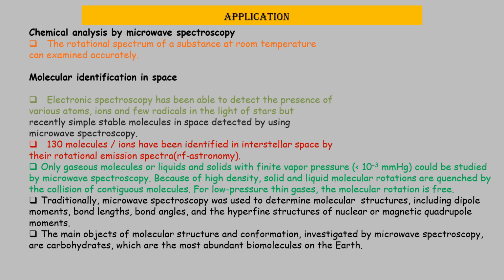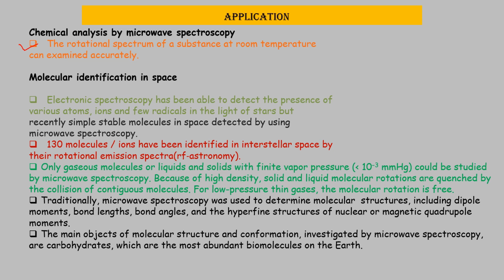Though the microwave spectrum of a substance is very rich in lines, as many rotational levels are populated at room temperature, since those lines are quite sharp, their positions can be measured with great accuracy, and identification of the molecule is possible with accurate measurement. Considering this, we can identify simple stable molecules in interstellar space, which is really fascinating.